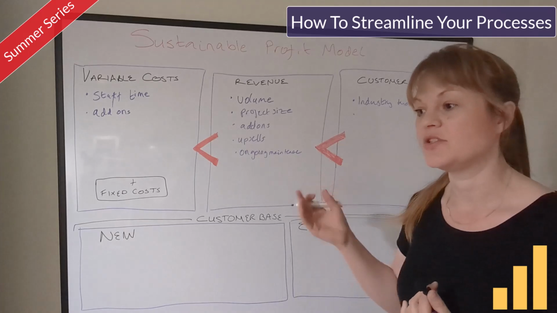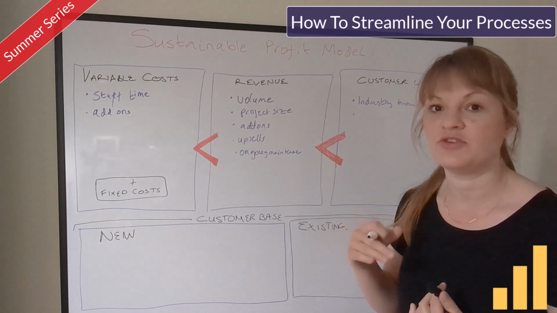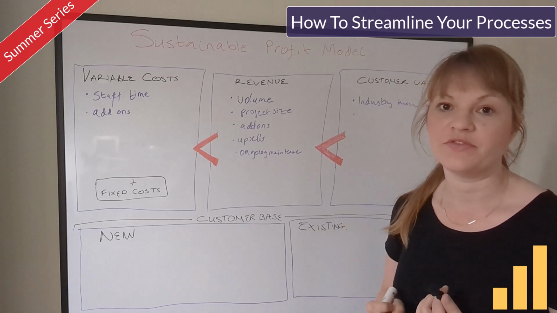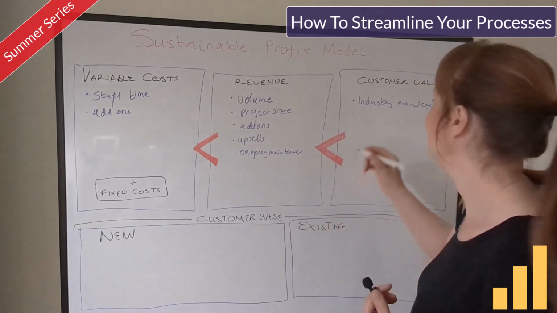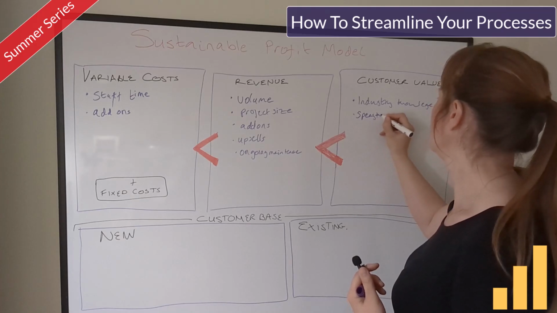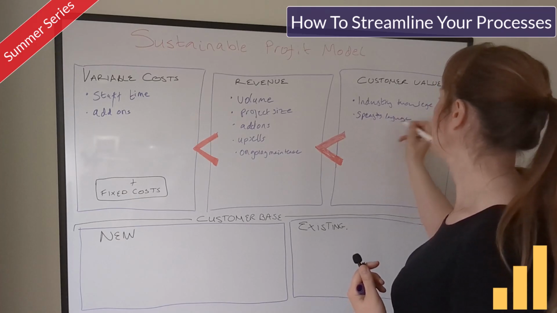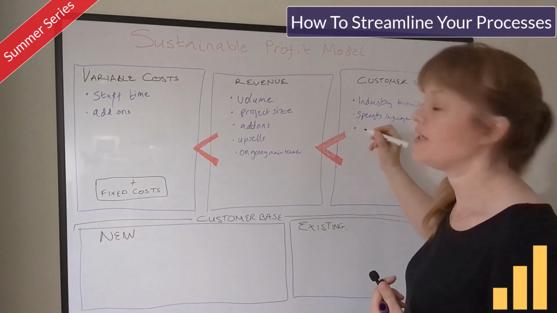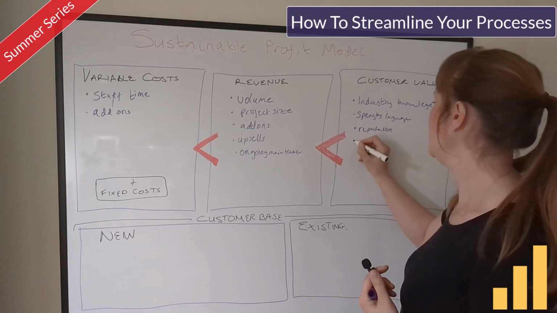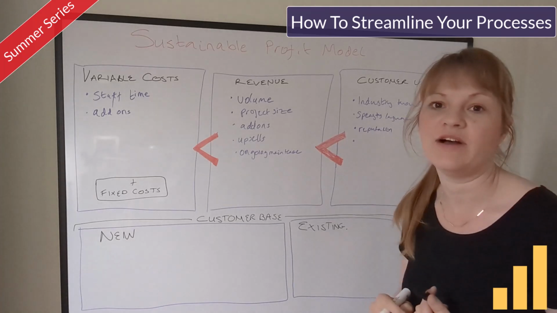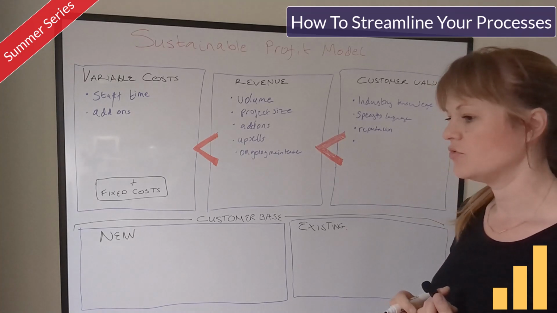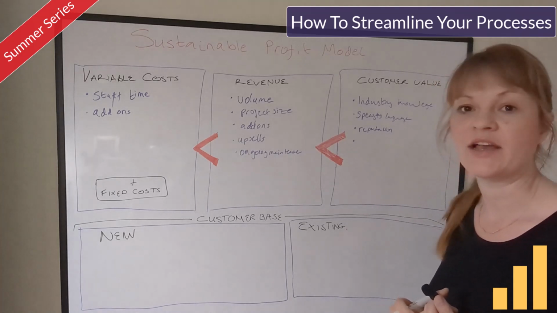So maybe it's not just understanding the nuances of the industry, but also speaking the language of the dentist. So let's say speaking the right language. Maybe you've got a great reputation in the industry. Maybe they also value that you're very high quality.